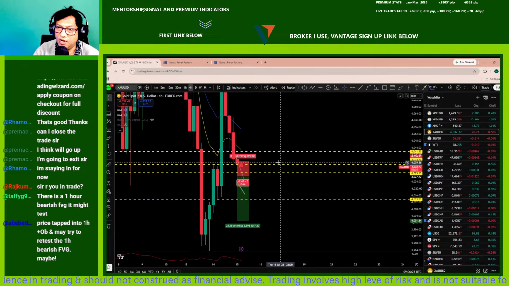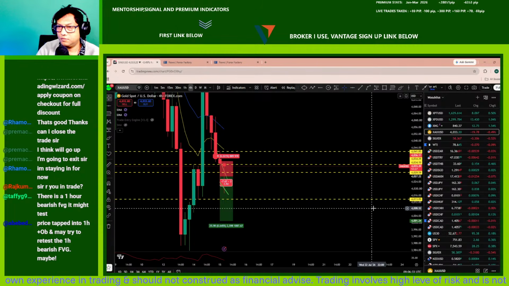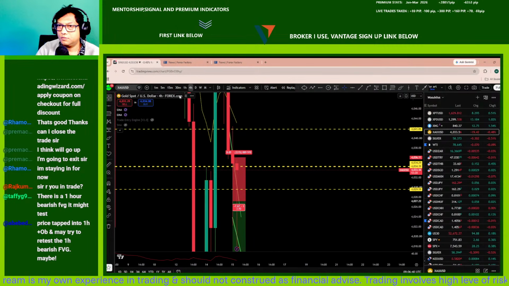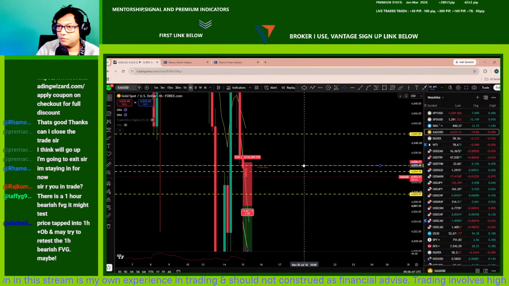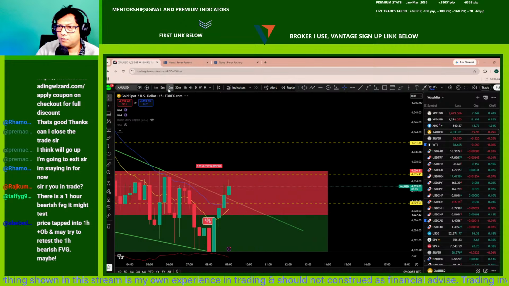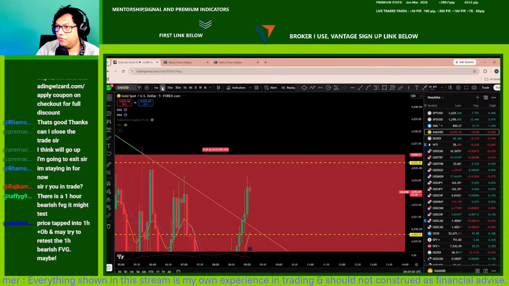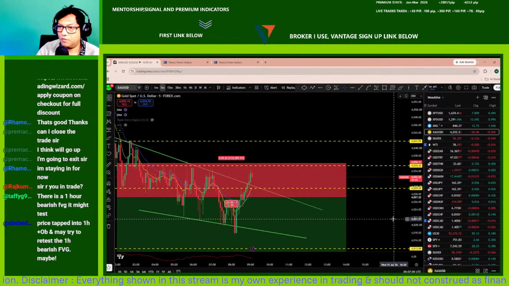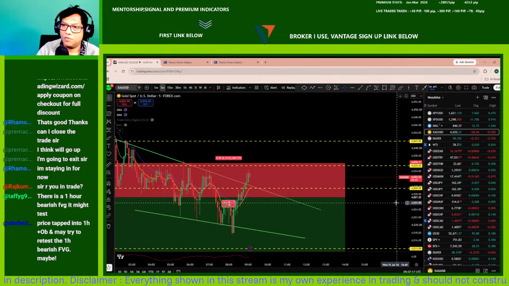The VWAP has reached the session's high, and breaking above this can trigger liquidity above 4035 again. It almost hit that order block, exactly to that.